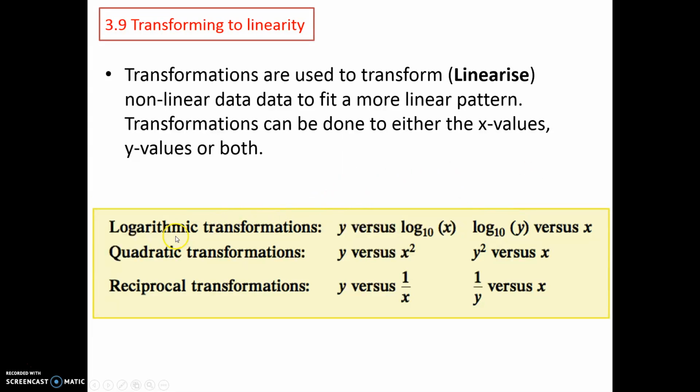So first we have our log transforms, which we have y versus the log base 10 of x, or the other way around, log base 10 of y against the x. We have the quadratic transforms, where we simply square either the x or the y, and we have the reciprocal transformations, where we simply take the reciprocal of one of our variables, or simply 1 divided by a variable, in this case x, in the other case y.